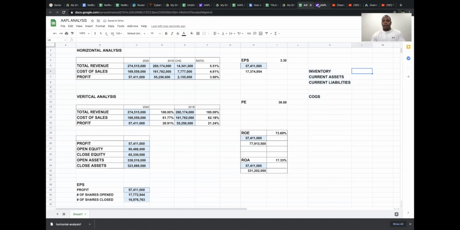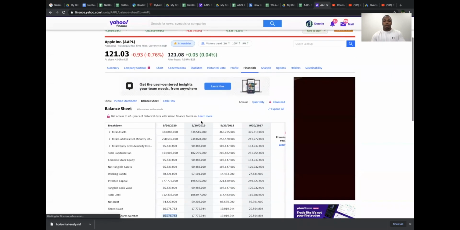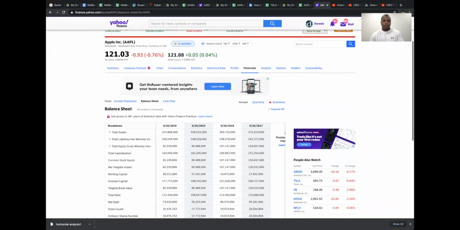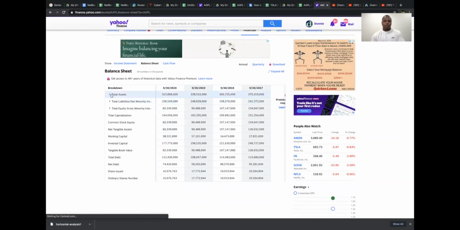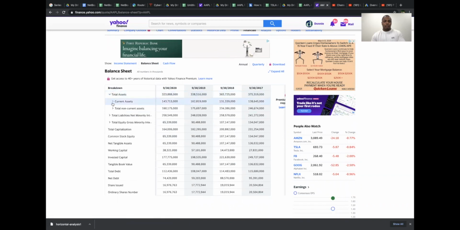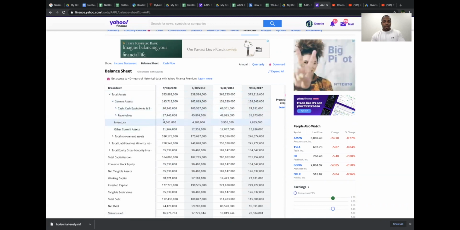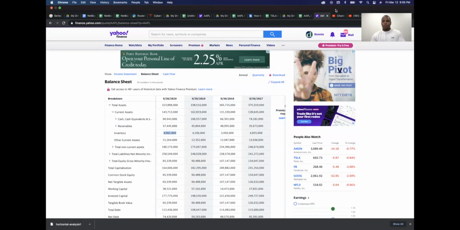So now let's go to Apple and let's go find these. Remember, we're going to go to the balance sheet in order to find these things. First, we want to know what the inventory is. So we click on current assets, and then you maximize current assets. We want to know the current assets for 2020, but first we want to know the inventory.